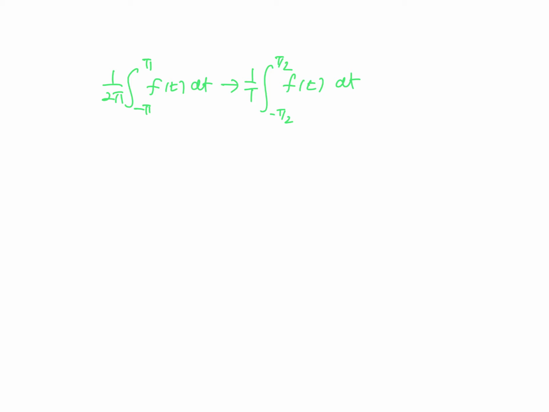So that means just replace 2 pi by T. Everything that was 2 pi is simply replaced by T. Then it's the same.